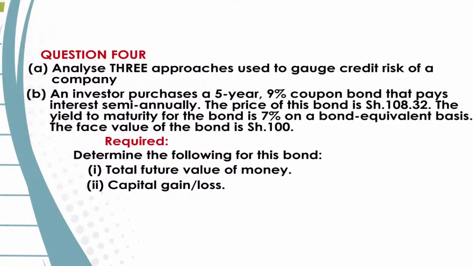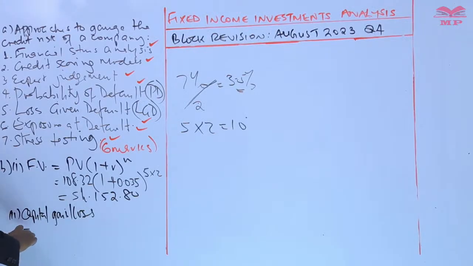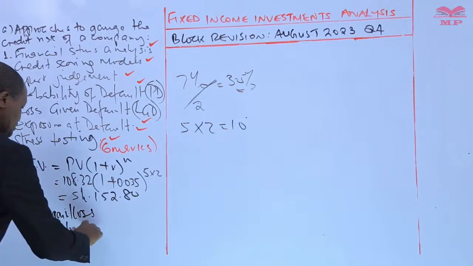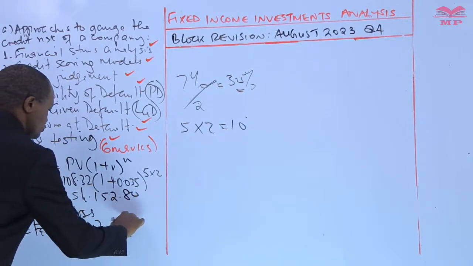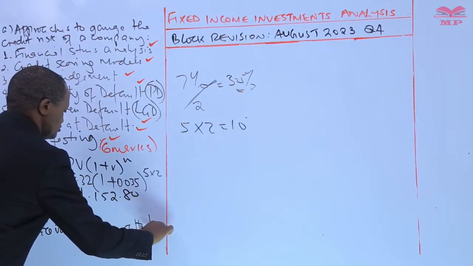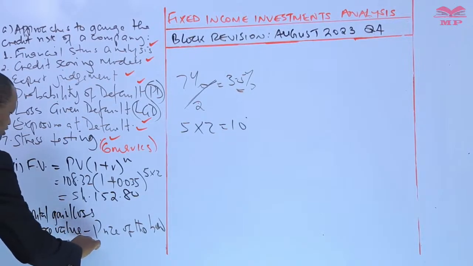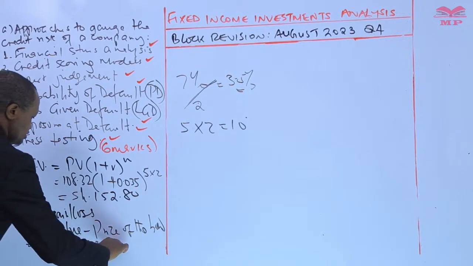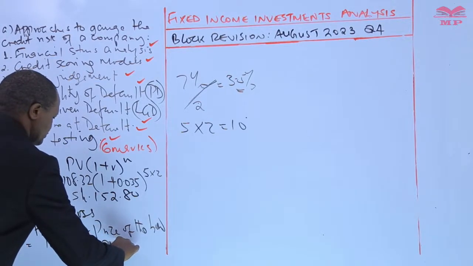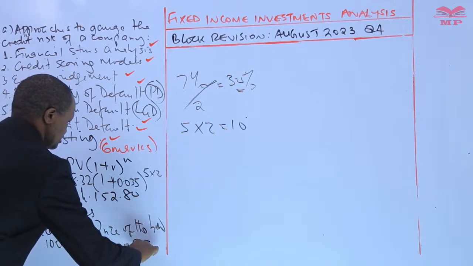So capital gain or loss is equal to the face value of the bond minus the price of the bond, which is equal to 100 shillings minus 108.32, which is equal to negative 8.32.